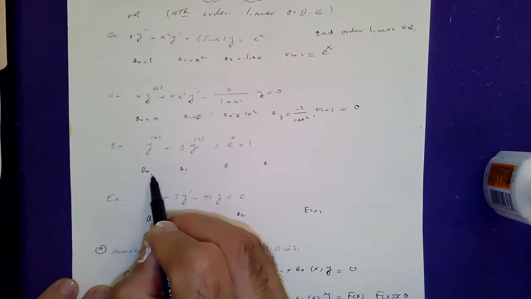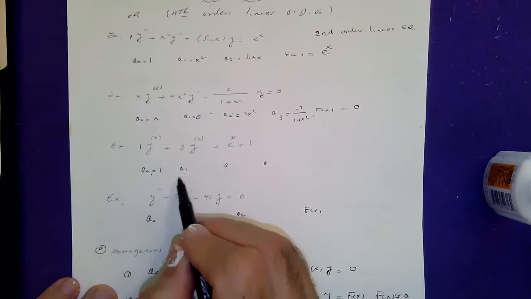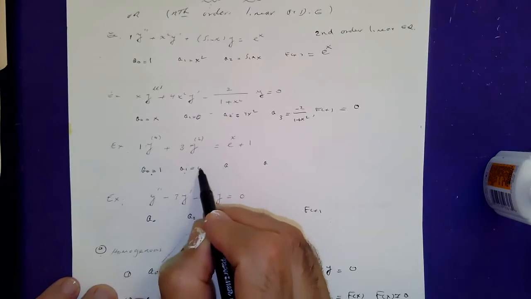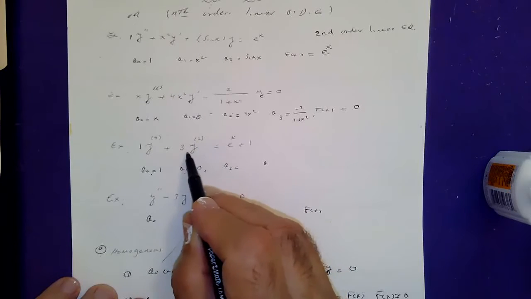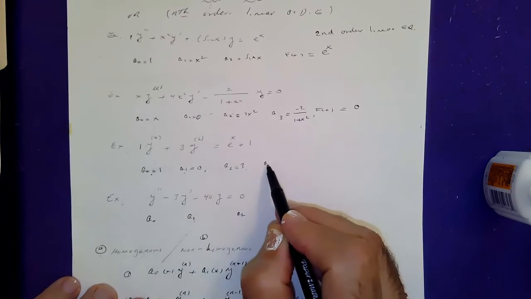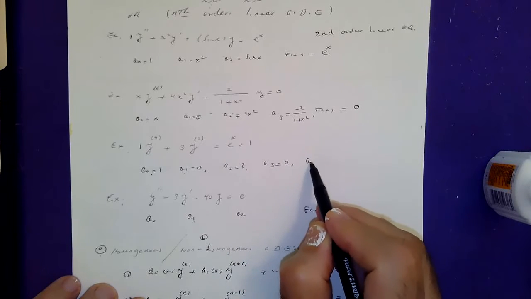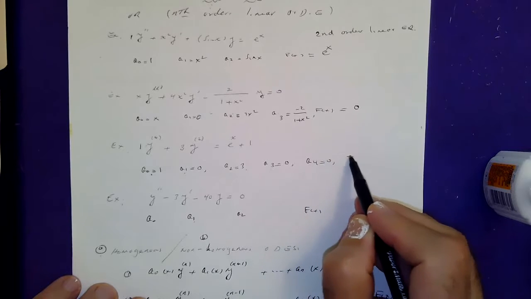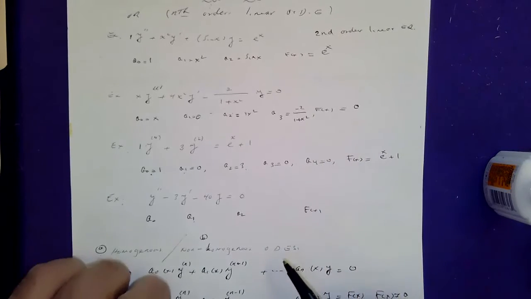Here, a sub 0 is 1, because the coefficient is 1. There is no third derivative. Second derivative, the coefficient is 3. And the first derivative is missing, and the function itself is missing, and the function on the right side is e to the x plus 1.